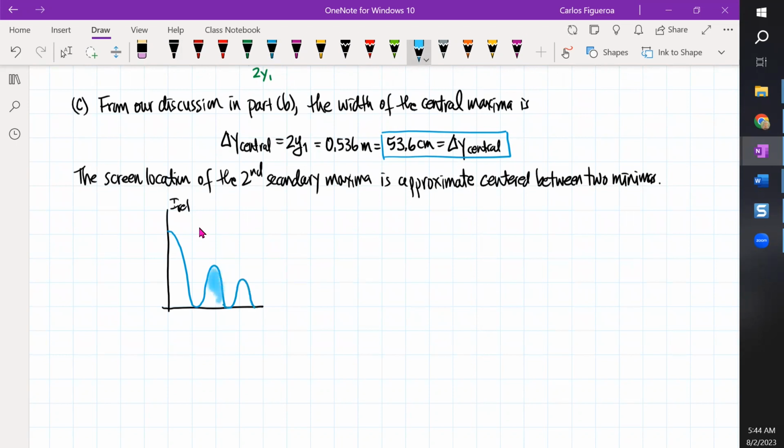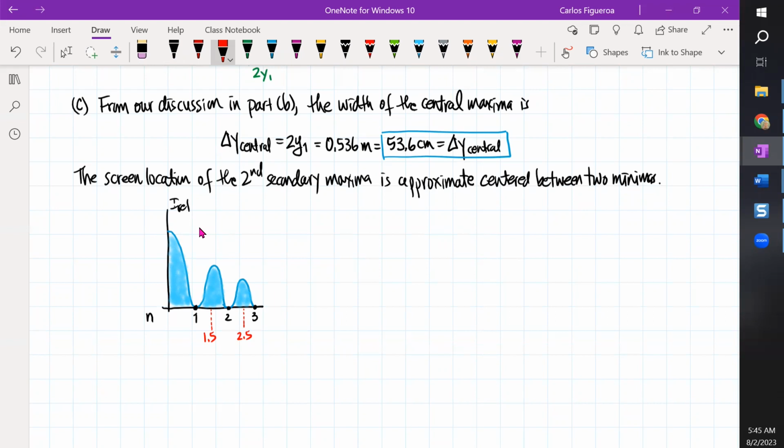Now if I start to look at their locations, following what we just said, the approximate location: I know that this is 1, 2, 3, and these are approximate values of 1.5, and this is 2.5. You can see that's really just 2.5 of the separation of one minima.